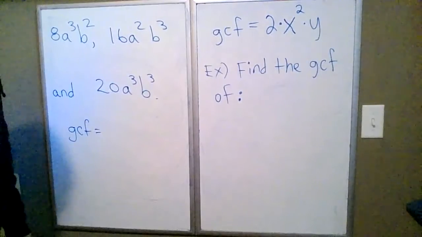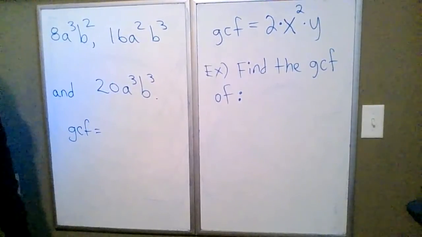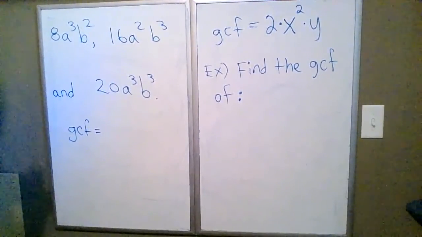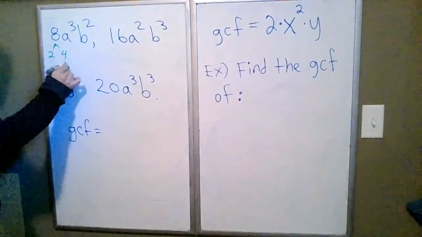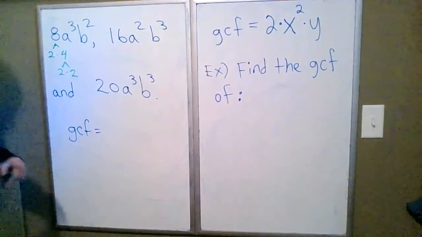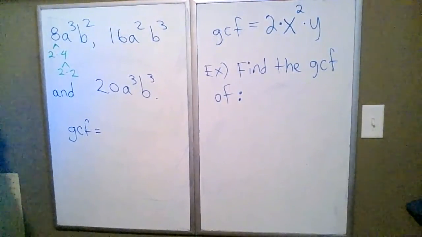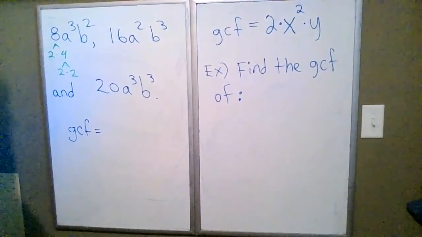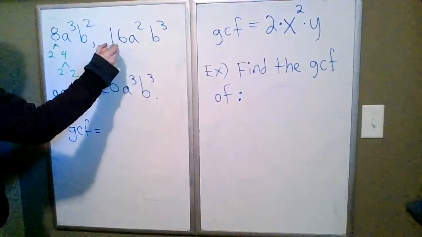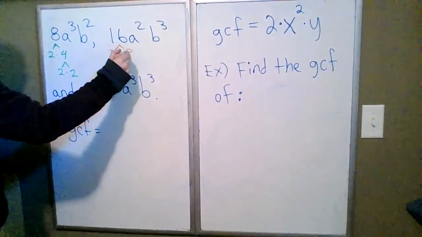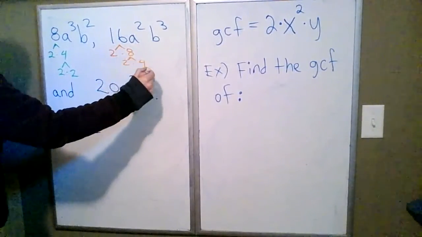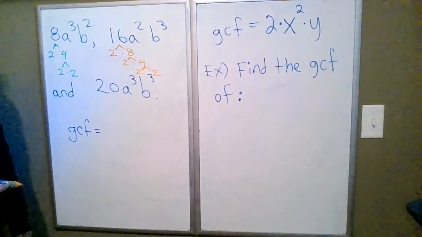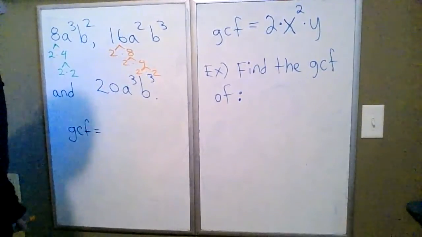we're going to start with the number part. Let's factor 8. So it's 2 times 4. 4 is 2 times 2. And then factor 16. It's 2 times 8, which is 2 times 4, which is 2 times 2. Let's do 4 times 4.